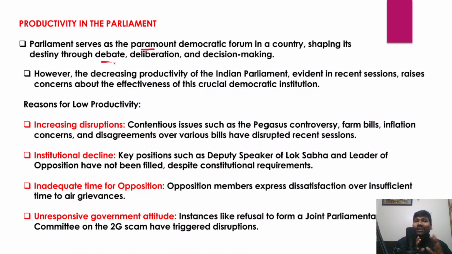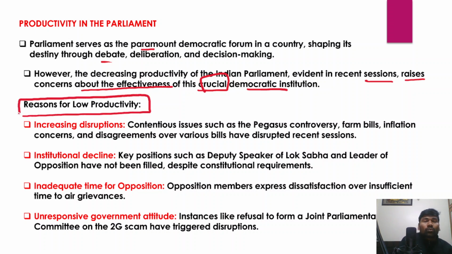However, declining productivity in the functioning of the Indian parliament is one major concern, and that is evident from recent sessions, which has further raised concerns about the effectiveness of this crucial democratic institution. Now, in this context, what are the reasons for the low productivity of the parliament? There are certain reasons. For example, increasing disruptions is one reason.